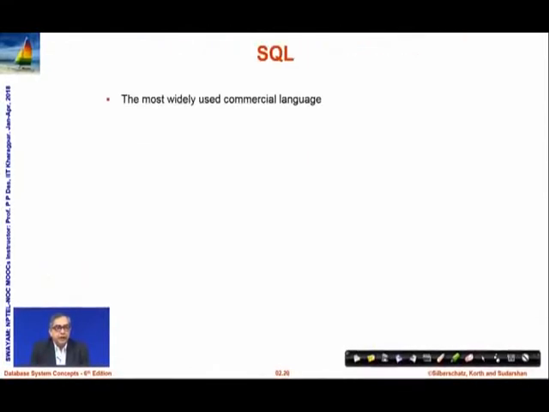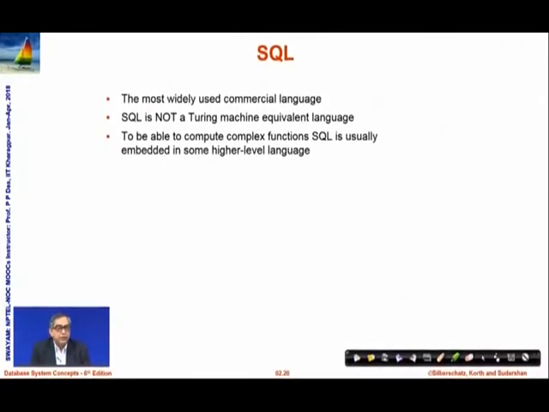SQL is the most widely used commercial language, and mind you, it is not a Turing equivalent language, which means that not everything that needs to be computed can be computed in SQL. There are certain computations which SQL cannot do. It is a limitation; it is a restricted language. So, often SQL is used in conjunction with some common high level programming language like C or C++ and so on.